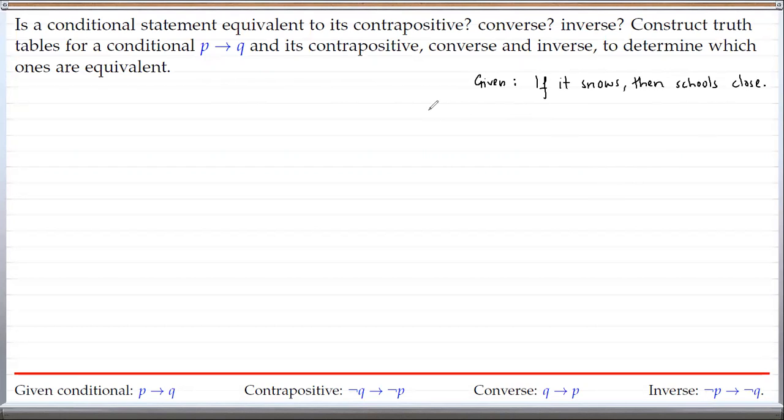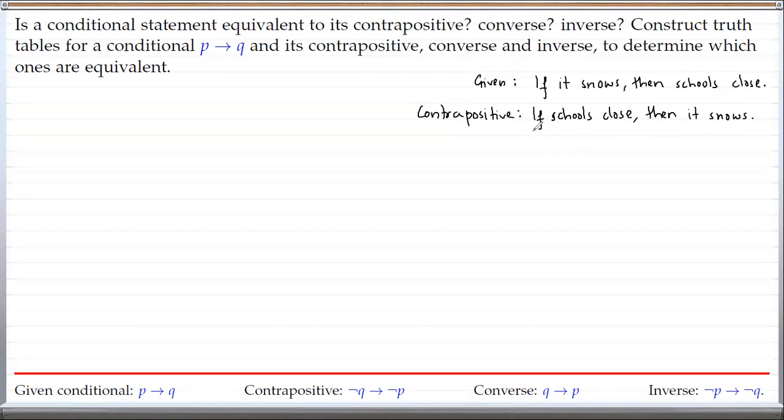Its contrapositive will be, if schools close, then it snows.